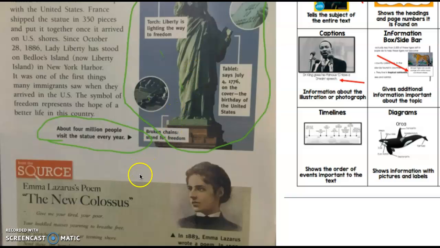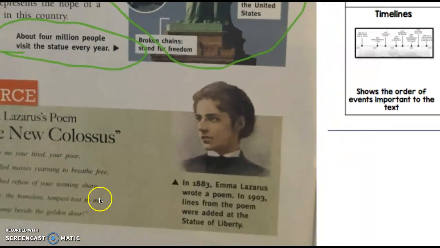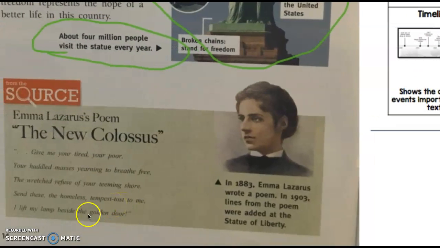Emma Lazarus poem, The New Colossus. Give me your tired, your poor, your huddled masses yearning to breathe free, the wretched refuse of your teeming shores. Send these, the homeless, tempest-tossed to me. I lift my lamp beside the golden door.